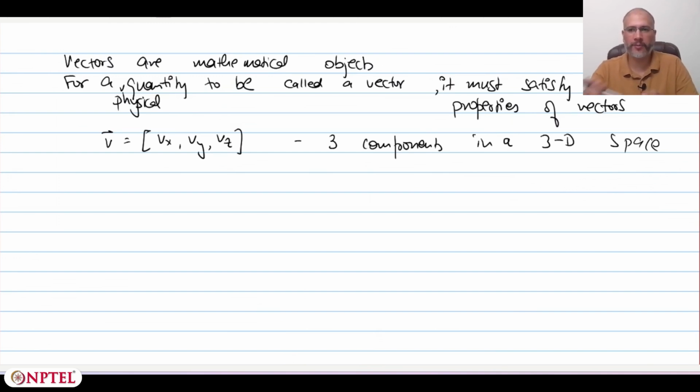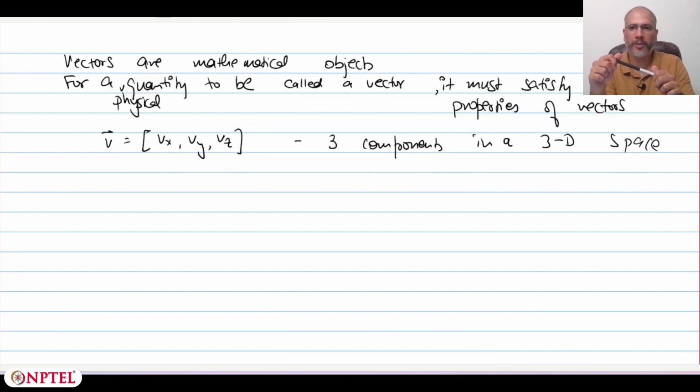Physically, if there's a force acting on a body in this direction, and my x-axis is oriented along the force, then I only have an x component. But if my x-axis is oriented at an angle, then I get a component which is smaller than what I had earlier. But the vector, the force, does not change as such. So we must remember that the physical quantity, that is the vector, does not change, but its representation changes because we are modifying our coordinate system.